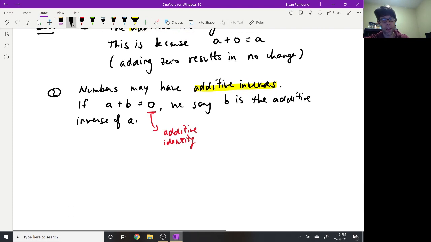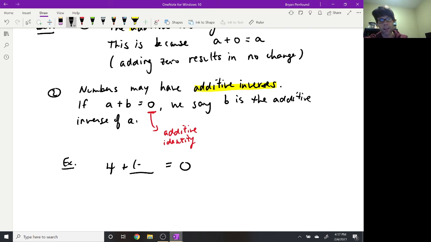So, for example, let's say we start with the number 4. What number would I have to add to it in order to get to 0? If I can find that number, it's called the additive inverse. Now this number, you probably know what it is. It's not inside the set of natural numbers. It's actually an integer.